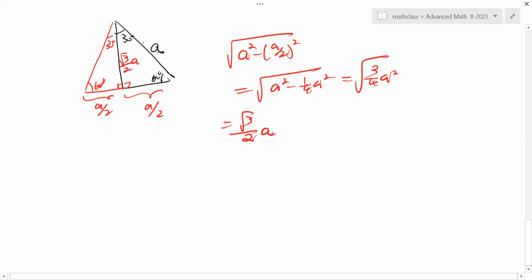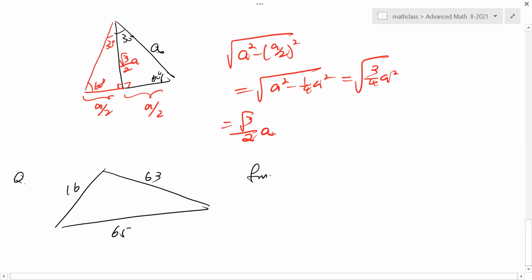As I said at the very beginning, if the three sides satisfy the formula for the right triangle, then it must be a right triangle. So if you are given a triangle with three sides, 16, 63, 65, and I ask you to find the area, the first thing you have to double check is whether this is a right triangle.